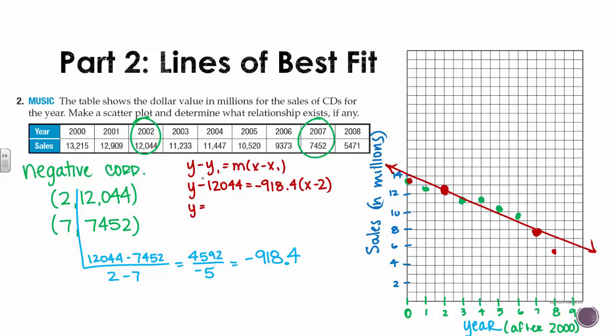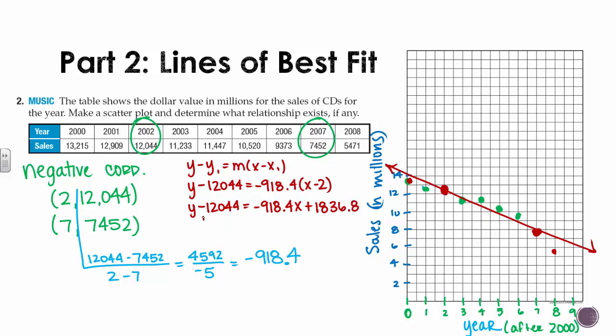So when I distribute, I end up with -918.4x plus 1836.8.